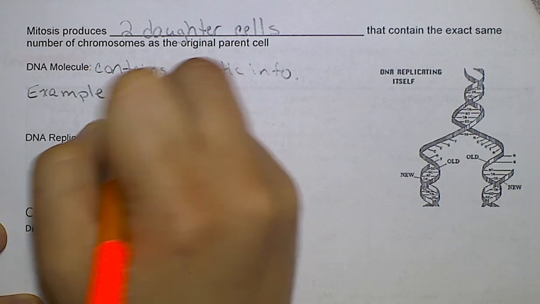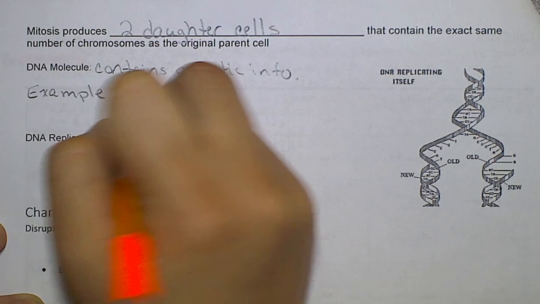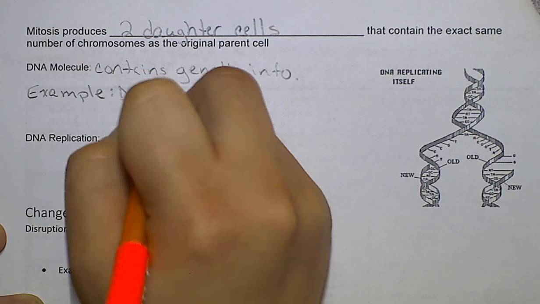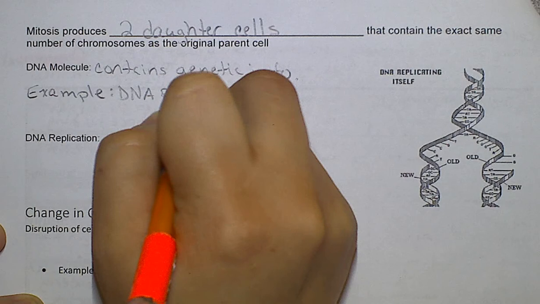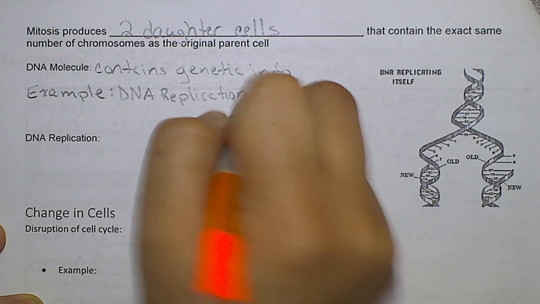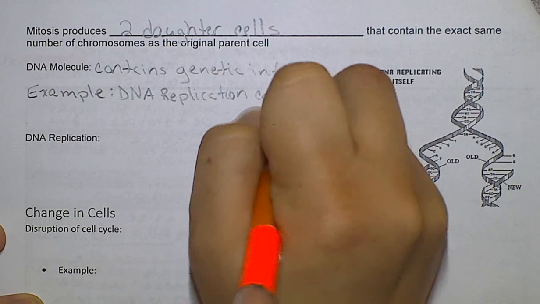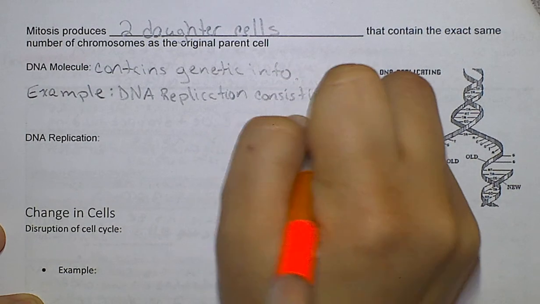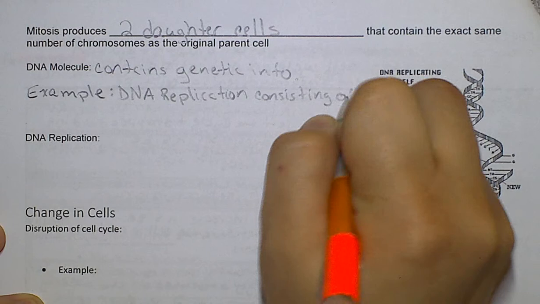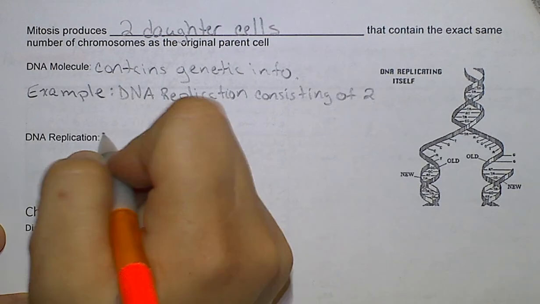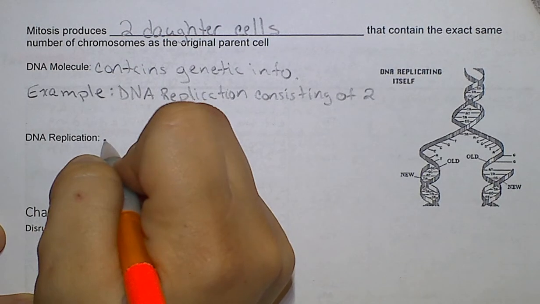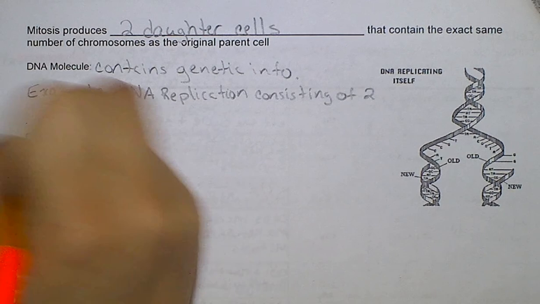We have DNA replication, consisting of two complementary strands of nitrogen base pairs.